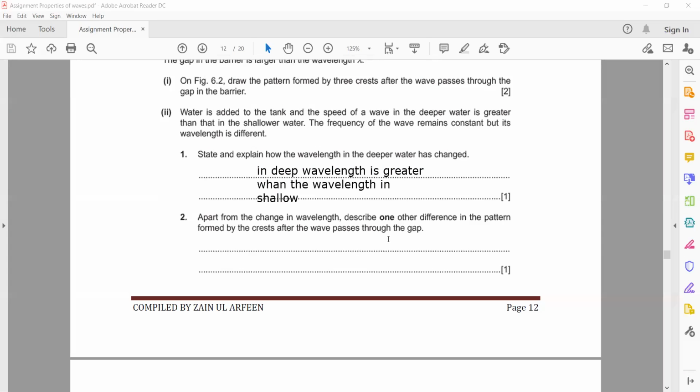Apart from a change in the wavelength, describe other differences in the pattern formed by the crest after the wave passes through the gap.